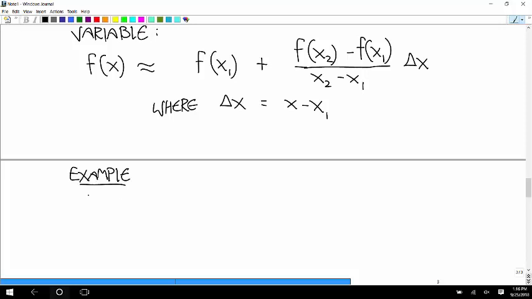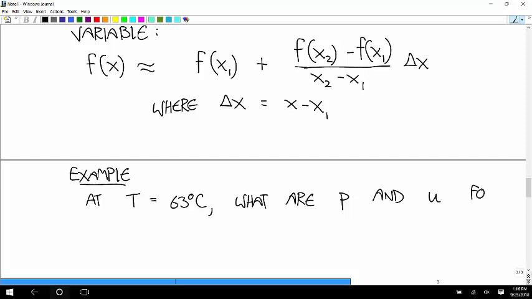At a temperature of 63 degrees Celsius, what are the pressure and the specific internal energy, first for saturated water vapor, and second for saturated liquid water?